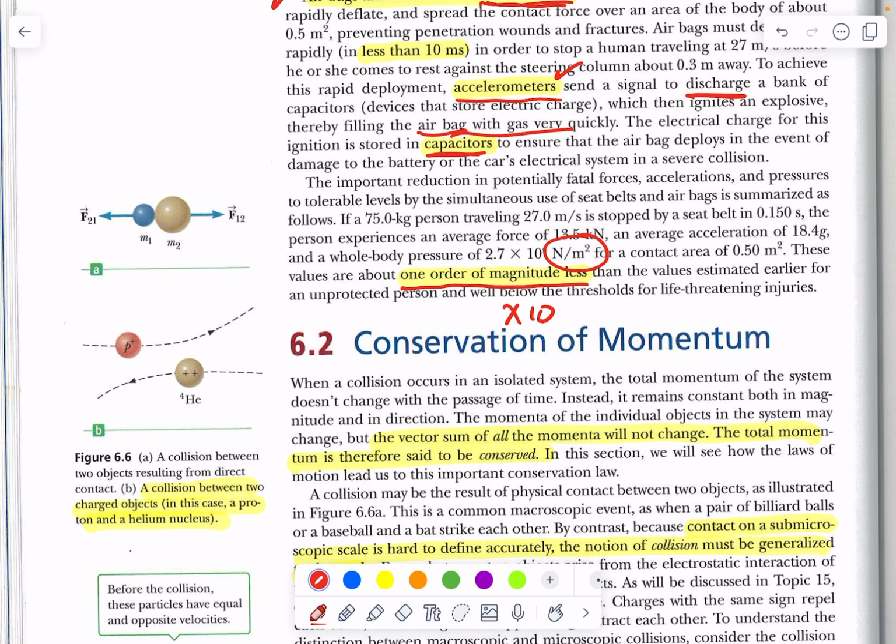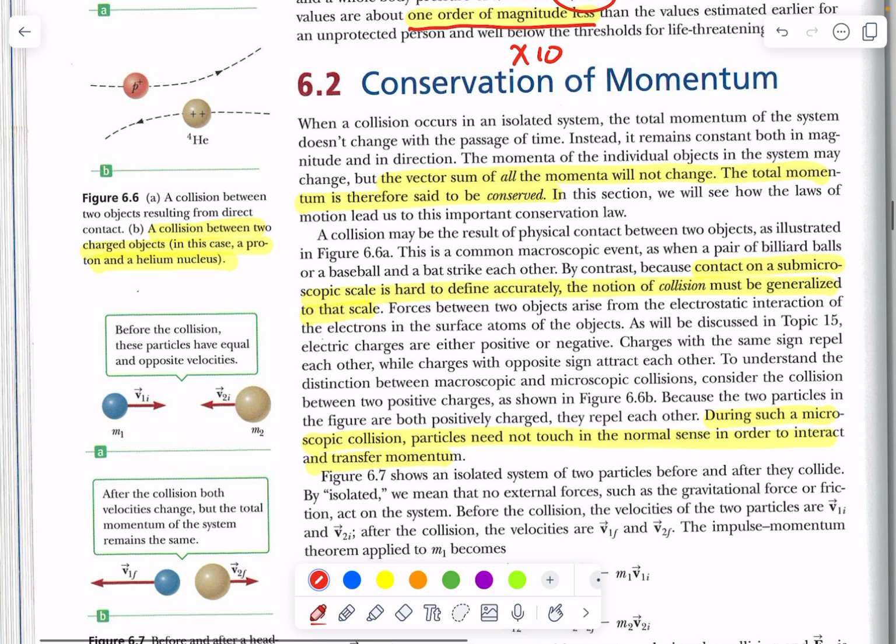Now, one of the most important concepts in physics is the conservation of momentum. And this is the idea that momentum is always conserved in a collision. Momentum is always conserved. Kinetic energy is not always conserved, because you often lose energy in a collision due to heat. Energy itself would be conserved if you're able to include the amount of heat that is lost in a collision. But momentum is always conserved.